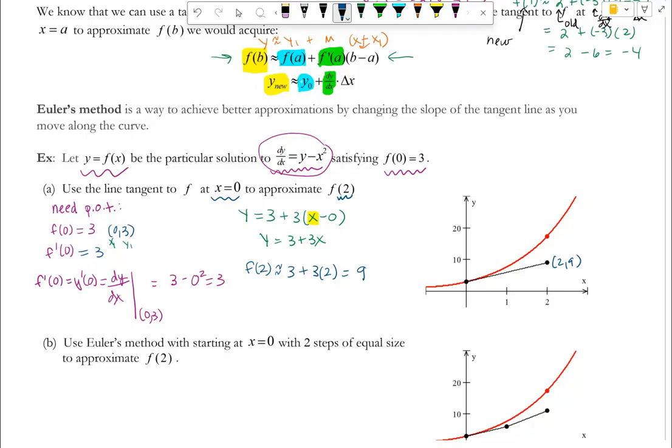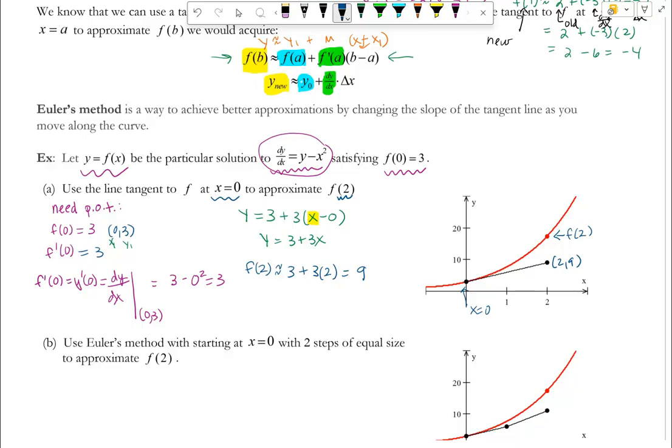We made our tangent line here where x was equal to 0, and we have moved 2 entire units on the x-axis. So we could tell that our actual value for f of 2 is definitely more than 9, and we won't usually have this curve, but this curve is just for illustration. So it turns out that based on this curve, this isn't a great approximation.